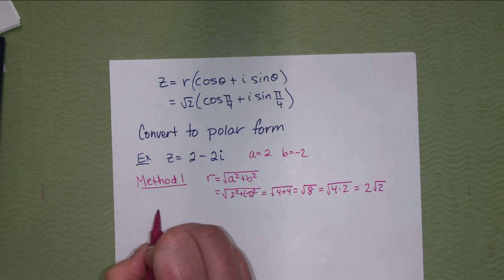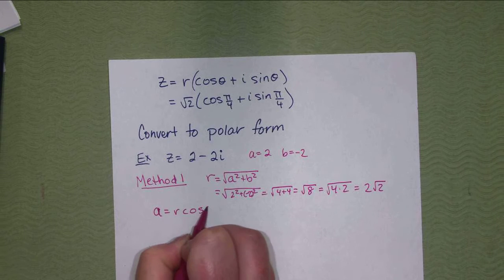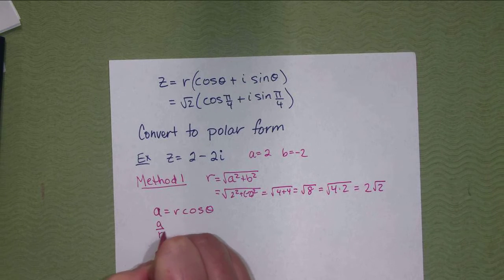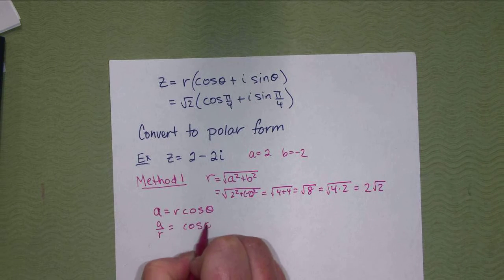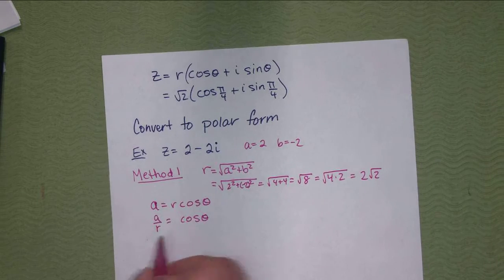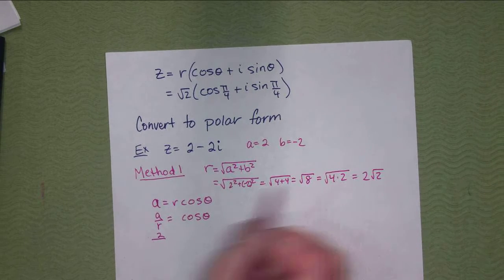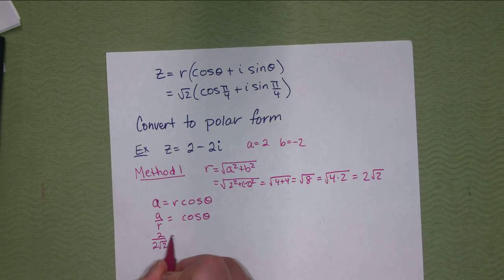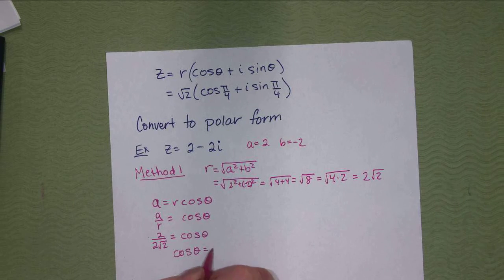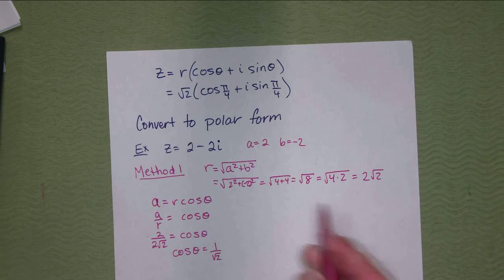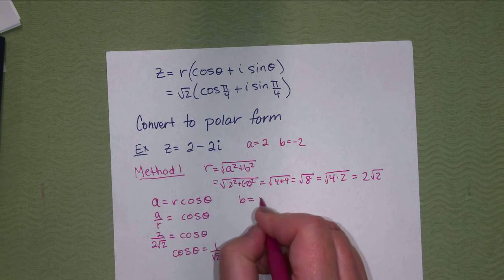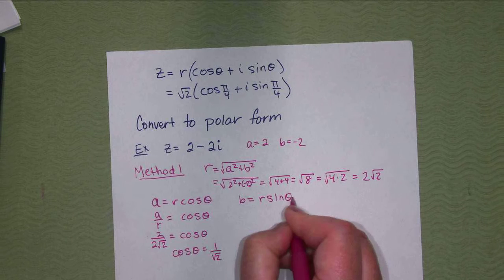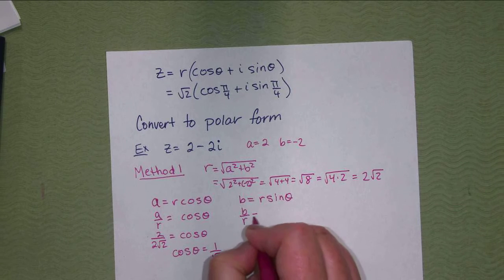And then they say A is R cos theta. So cos theta is A over R, which is 2 over 2 root 2, which is 1 over root 2, pi over 4 again, and sine, so B over R. B is negative 2.